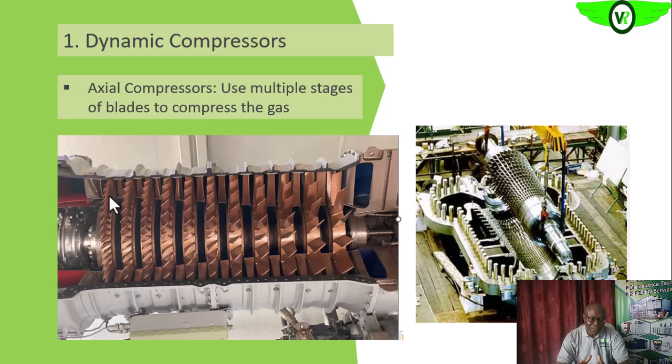Okay, so what actually happens here is that as the rotor is turning, that creates that reduced pressure, okay, that drags in air from the atmosphere or from your source, or gas from the atmosphere or from your source.